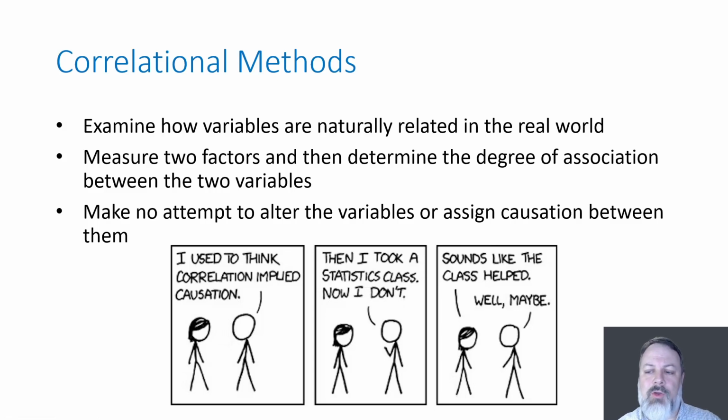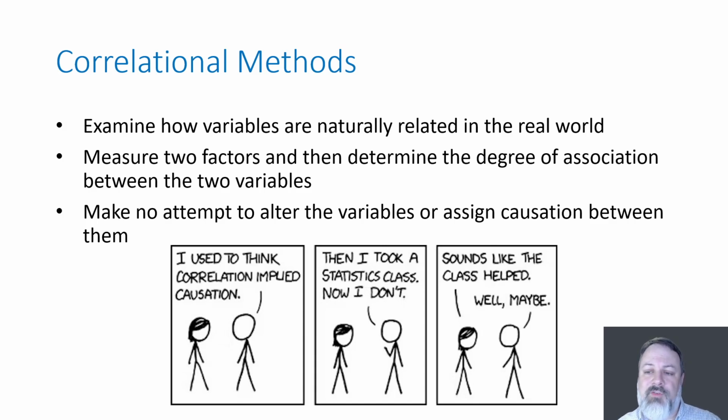Another way that we do research in psychology is through correlational methods. This examines how variables are naturally related in the real world. In this, you measure two factors and then you determine how associated they are and in what direction. If one variable increases, does the other one increase or decrease?